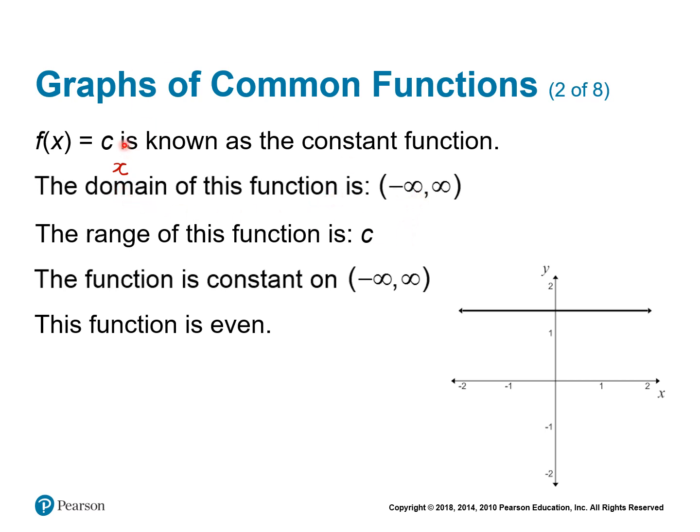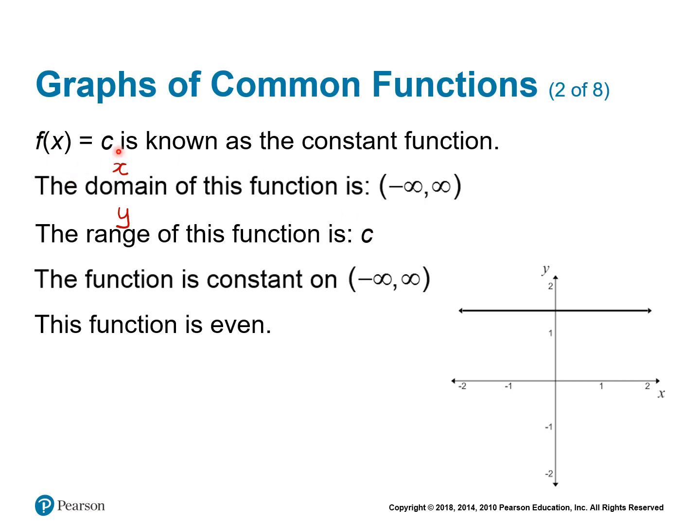However, the y value is going to be whatever value c is. If it's f of x equals 8, the y value is going to be 8. So that's why it says the range of this function is c, whatever value c is. Again, range represents all your y values. No matter what x value we input into this function, the y value is going to be whatever c is, 8 or negative 5 or whatever.